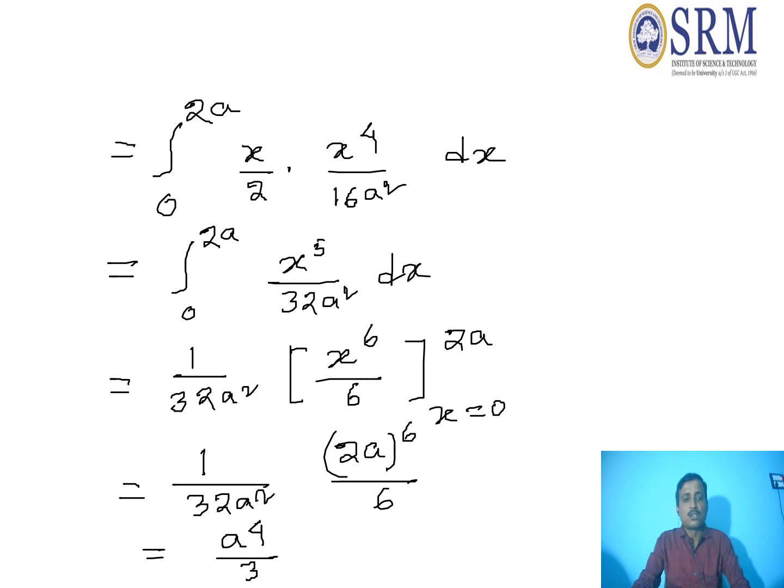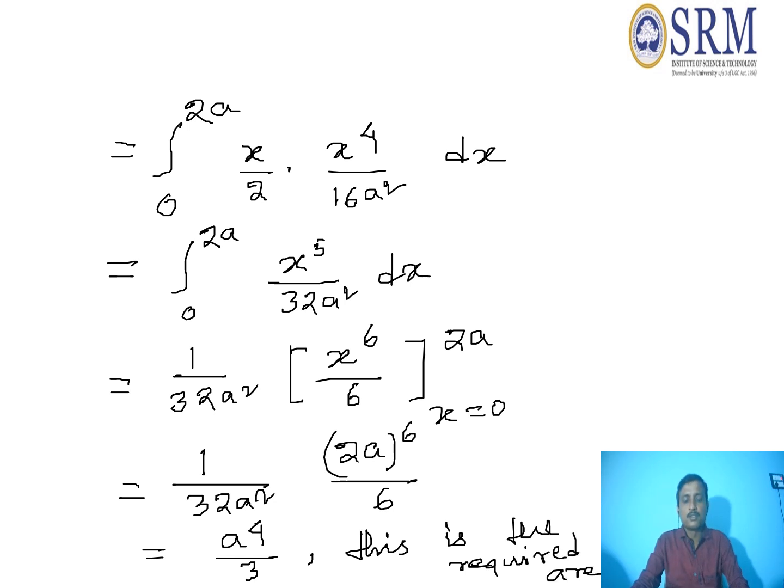So whatever our question was, to evaluate the area bounded by those three curves, that area is basically a to the power 4 by 3. So you can write it here: this is the required area.